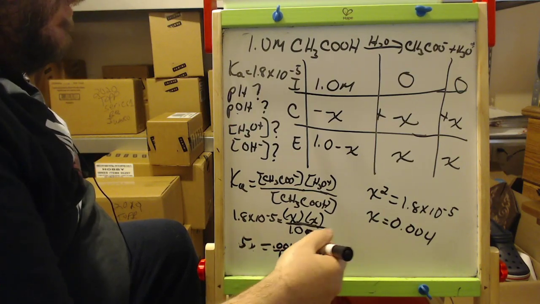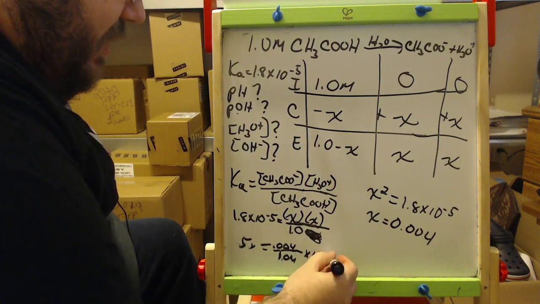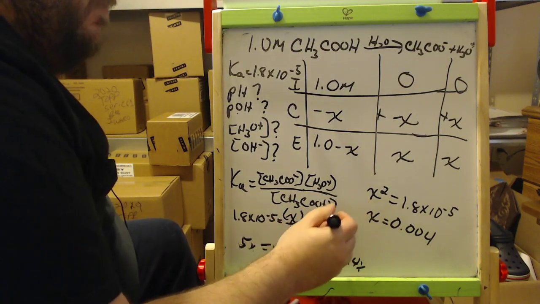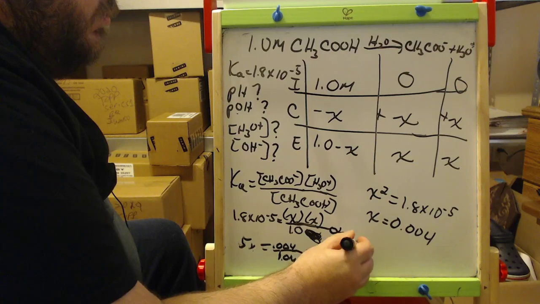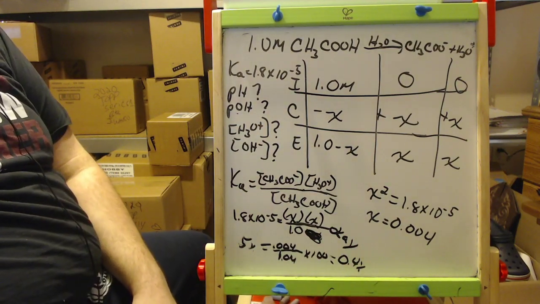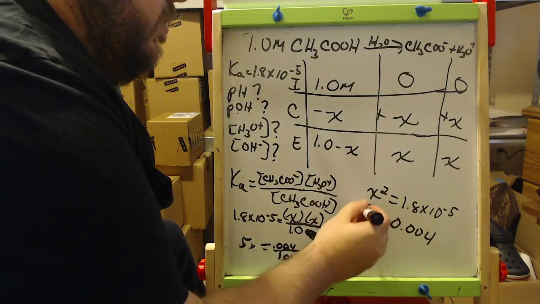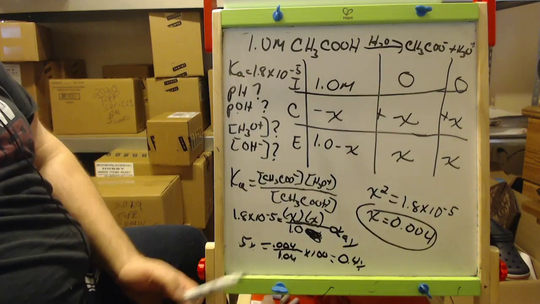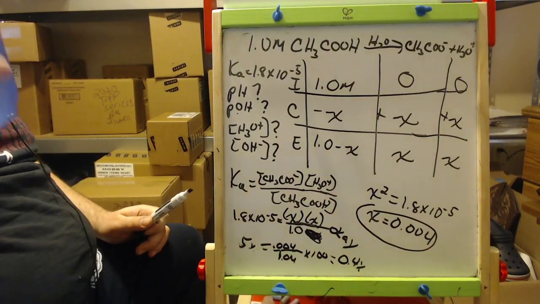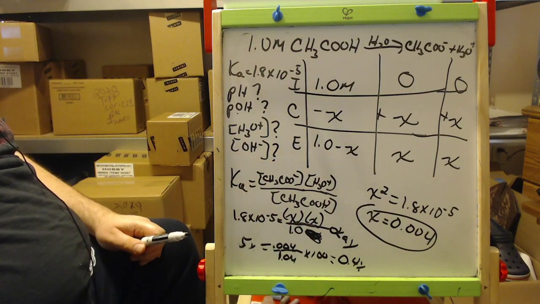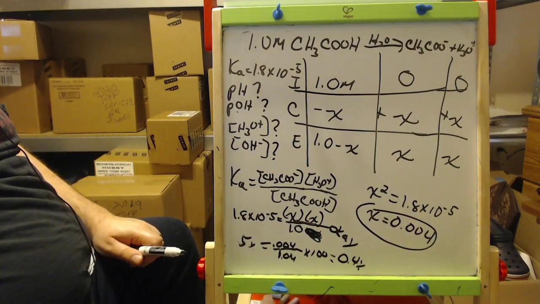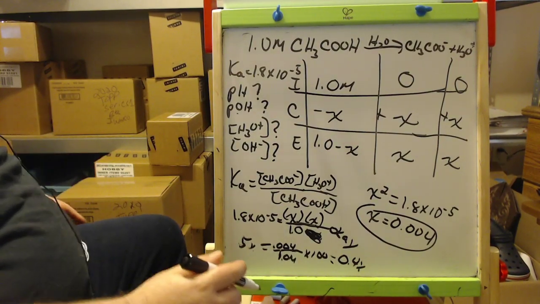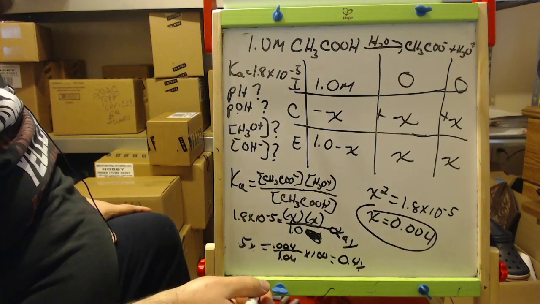If it's less than 5%, you can make that assumption. This ends up being 0.4%. It only breaks down that much, so it's okay to make this assumption. If you want to double check it and really do the quadratic, you'll find out that the answer is pretty much the same. Trust me, they wouldn't allow you to estimate or remove things if the math wasn't accurate.